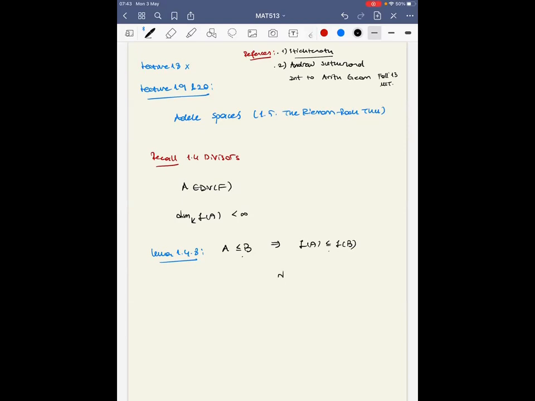And the dimension of the quotient space, so by linear algebra we can write it as the dimension of L(B) minus the dimension of L(A), is less than or equal to the difference of their degrees.